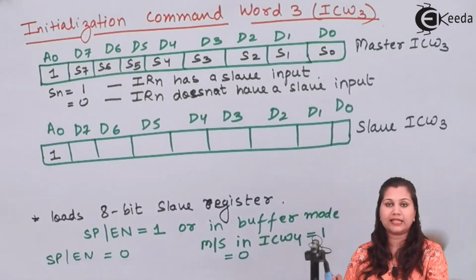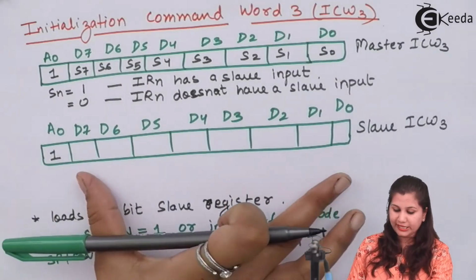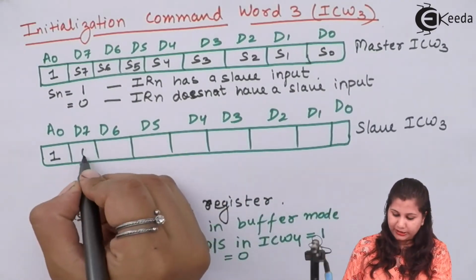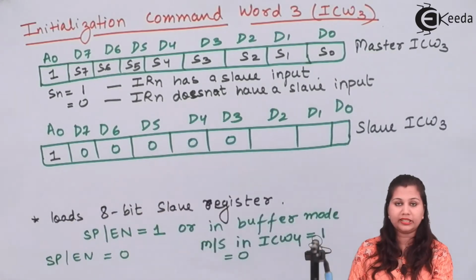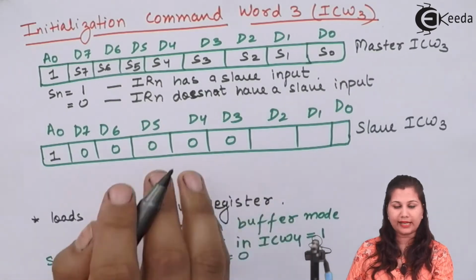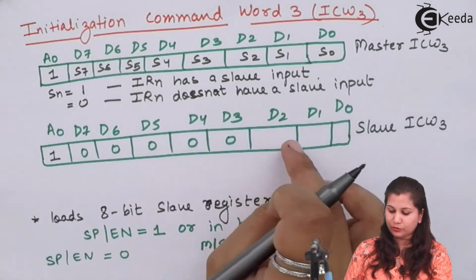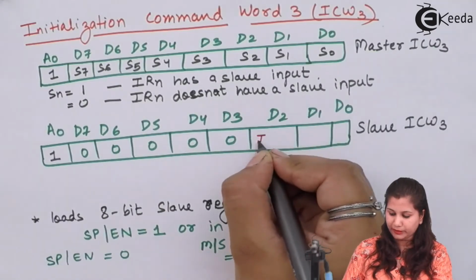Then only this slave ICW3 will work. Now let us see what these 8 bits describe. D7, D6, D5, D4 and D3 are at constant logic 0. Their value is set. And the 3 bits D2, D1 and D0 are the identification bits.